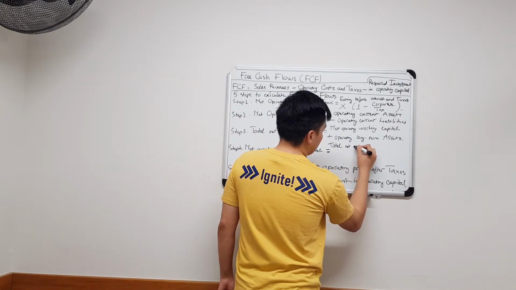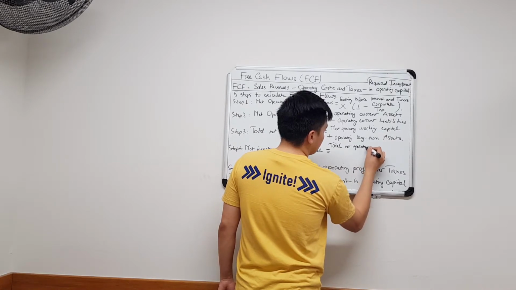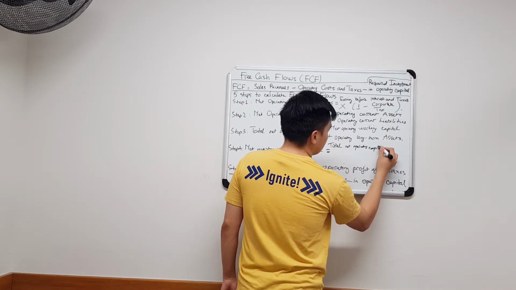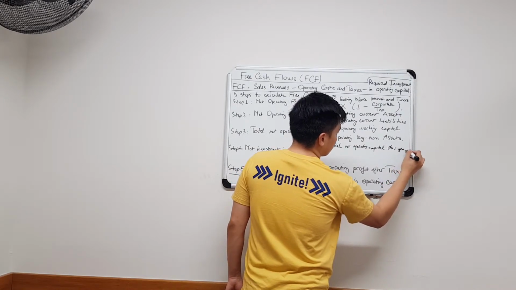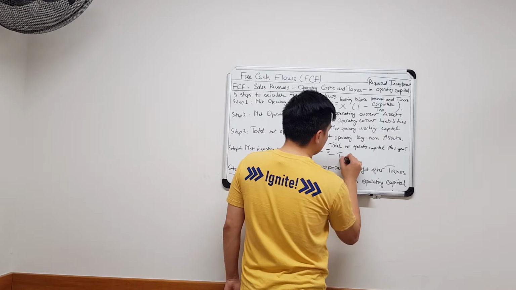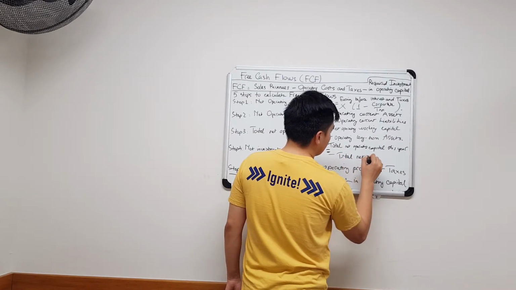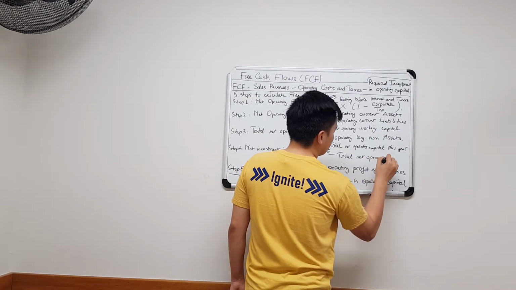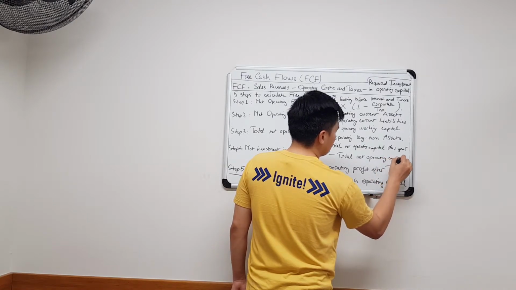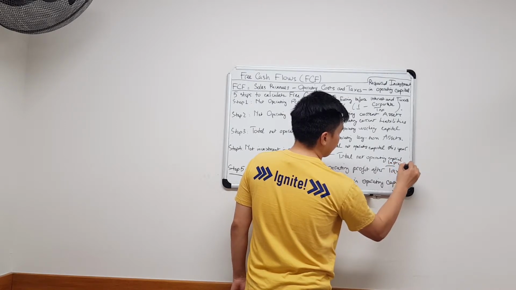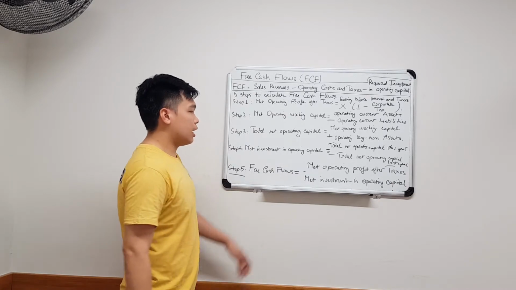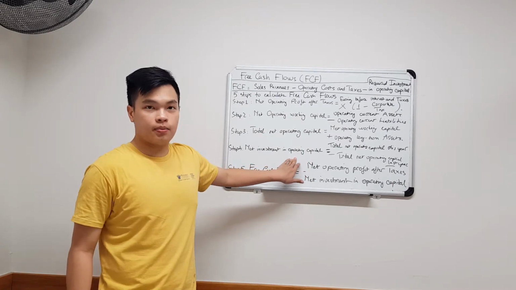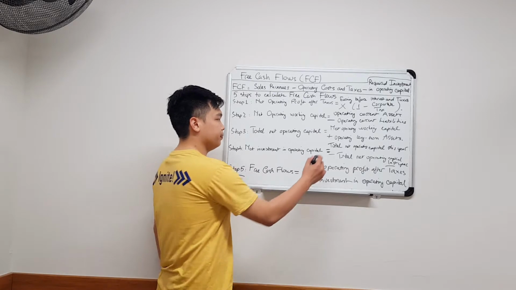Total net operating capital this year, we minus total net operating capital last year. Then we have net investment in operating capital.